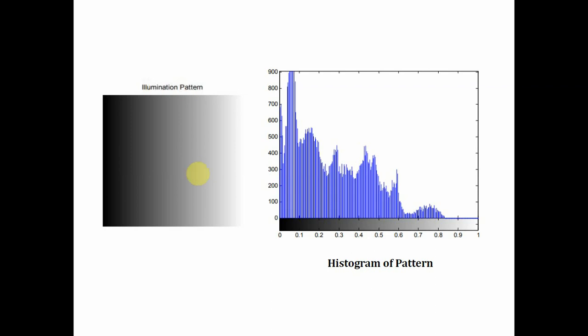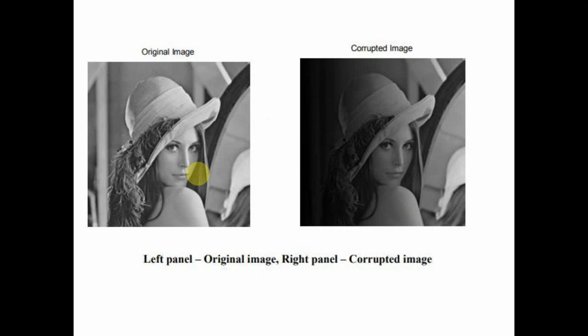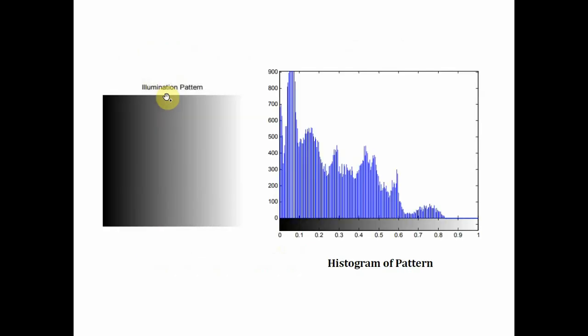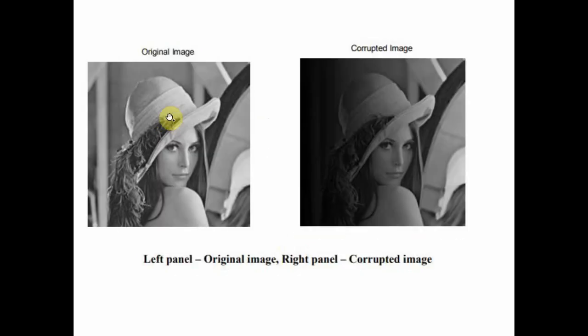If we multiply this illumination pattern with the original image, we will get this, as we have seen. The result will be the corrupted image, which is the darkest, nearer to zero, and the white.